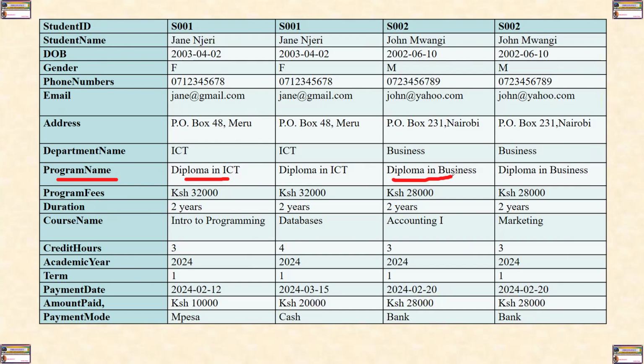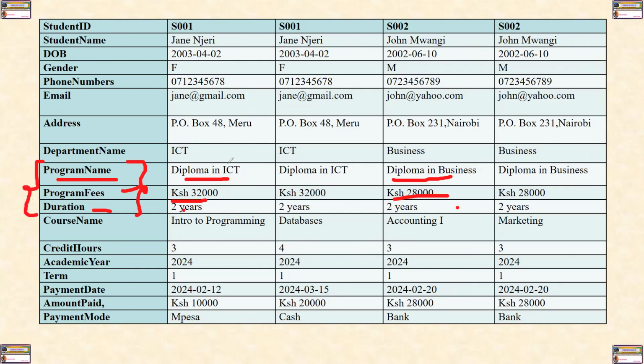We have also put program fee separate. The program fee for Diploma in ICT is 2,000, and also it is 20,000 for business. So we have separated the program name from the program fees so that they are separate fields. We have also put duration separate, 2 years, 2 years.